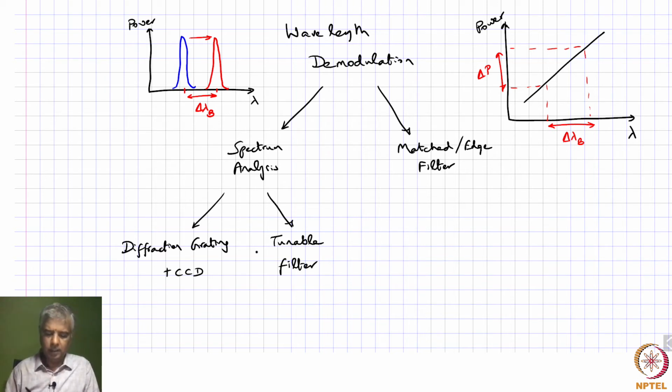If I have a band pass filter, let us say, that is able to transmit only a small part of the spectrum, you tune the filter from here, here, so at all these points you do not have much throughput, but as you go into this part of the spectrum, you will start getting more and more output, and then you can trace out this entire peak.